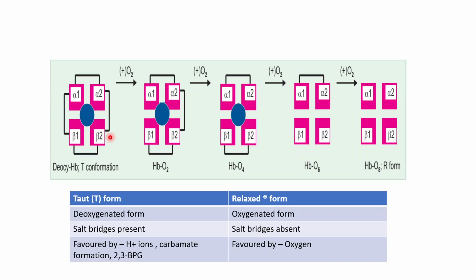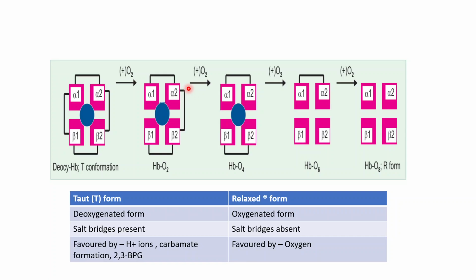Now the conversion of deoxygenated form to oxygenated form is with the help of binding with oxygen. When the first molecule of oxygen binds, one of the salt bridges is broken, and once the first salt bridge is broken, there occurs rearrangement between the globin chains in such a way that it favors binding of another oxygen molecule.